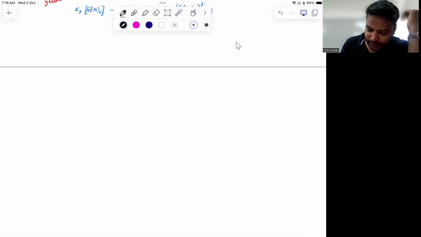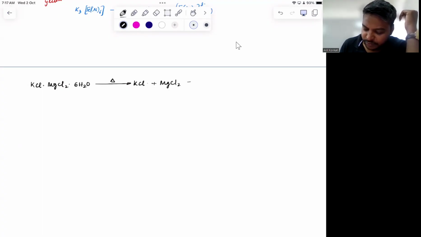See, usually if you notice carnallite, KCl·MgCl2·6H2O, if we heat it, we expect this to give KCl plus MgCl2 plus 6H2O. But this is not how it dissociates.